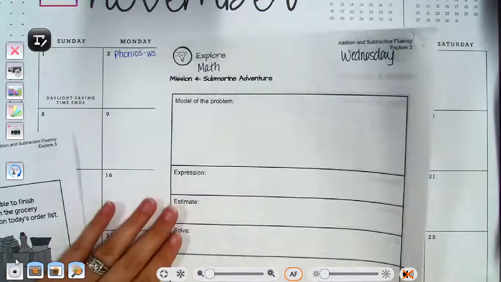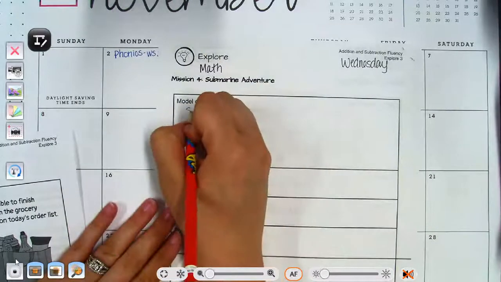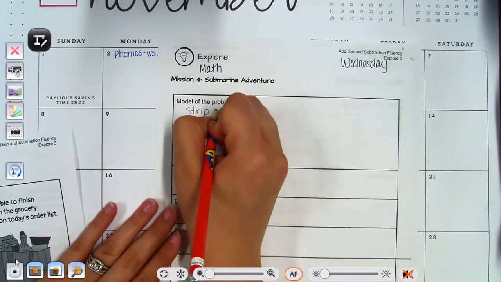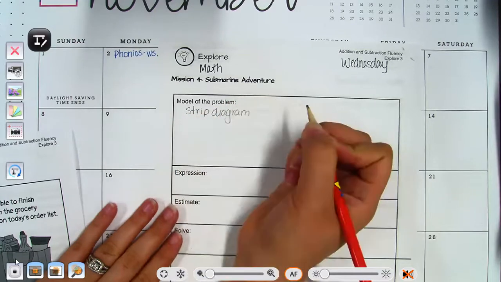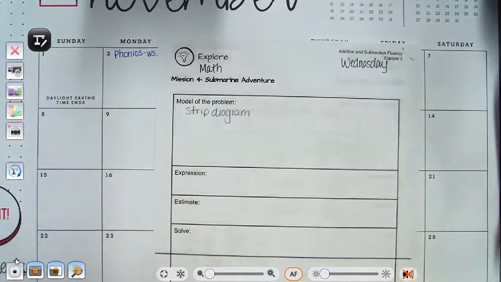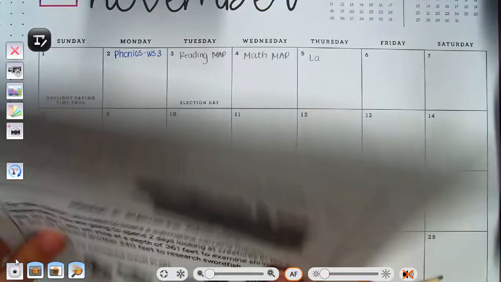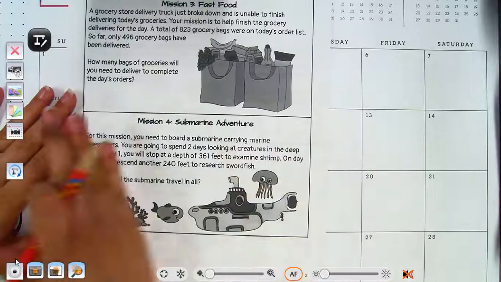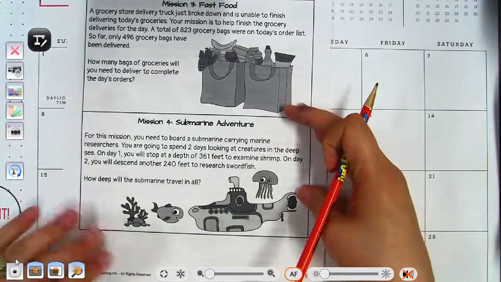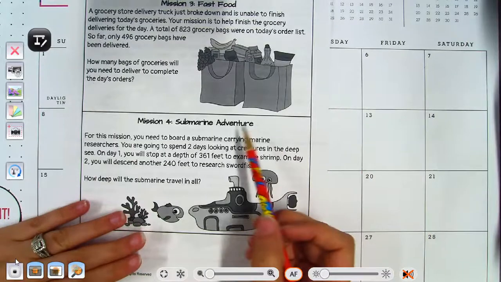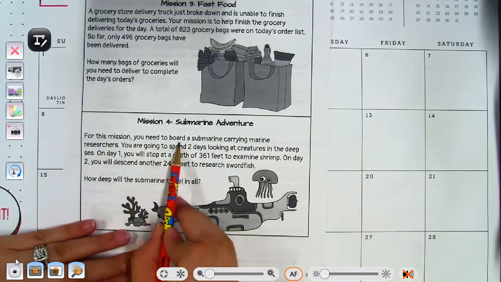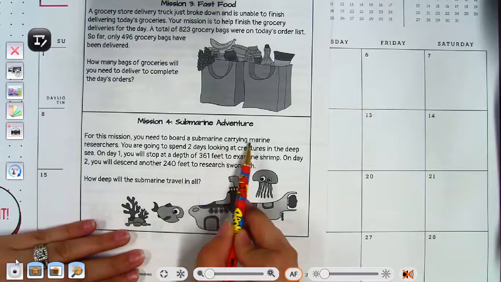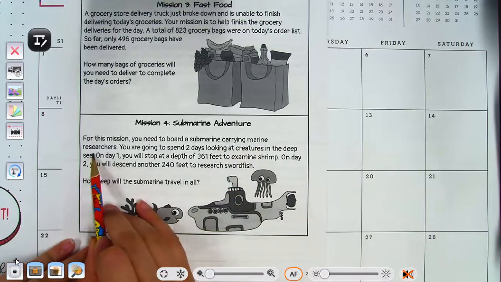Where it says model of the problem, I want you to show me in a strip diagram. Okay. And I'm going to read you the problem right now. So you can pause, after I'm done reading, you can pause the video right here so you can work on your problem. So submarine adventure. For this mission, you need to board a submarine carrying a marine researcher.